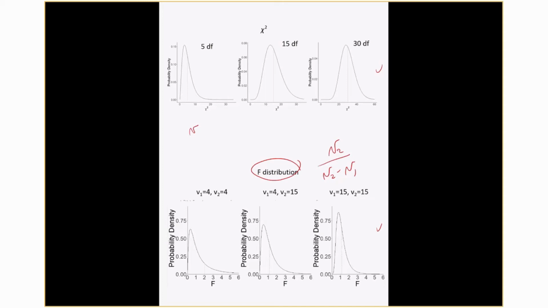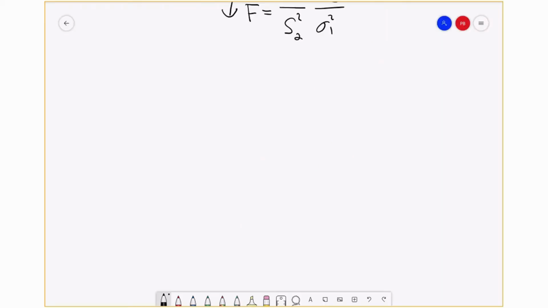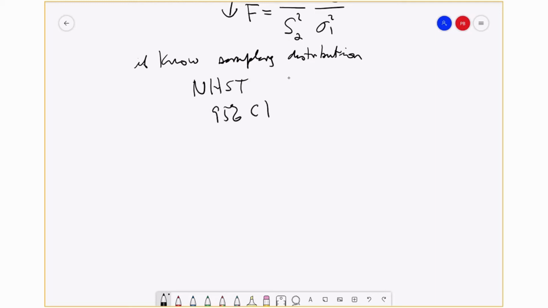So, with all that in mind, we can go back and we can actually do null hypothesis statistical testing. One of the important concepts of this course is that if you know the sampling distribution, there's a couple of things you can do in terms of drawing inferences about the underlying population: NHST, and 95% CI.